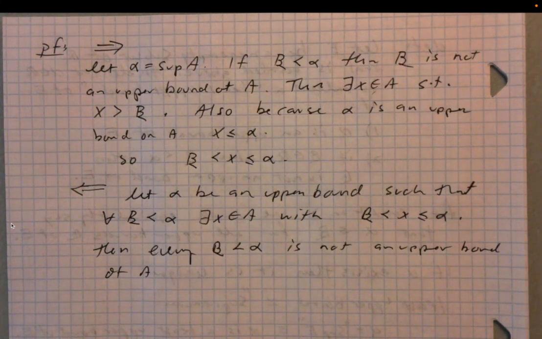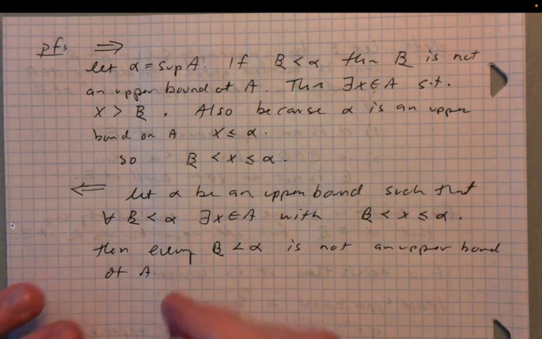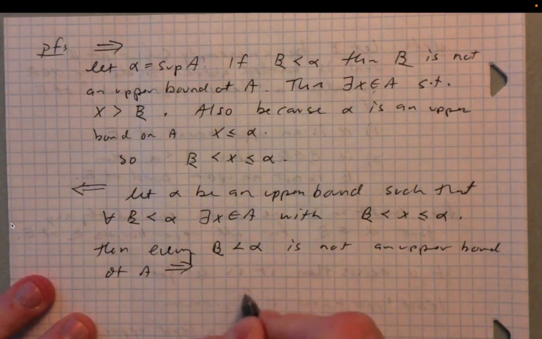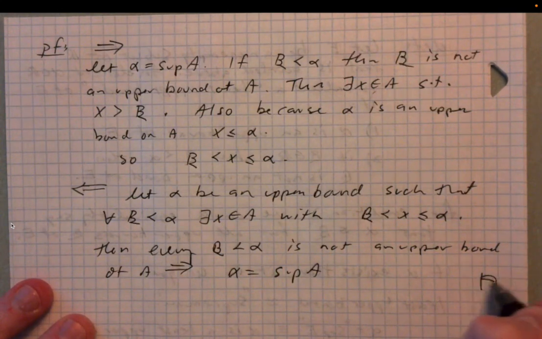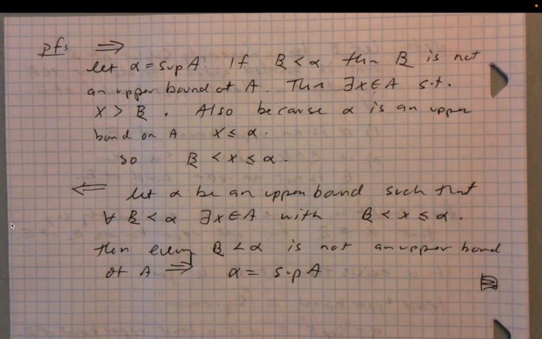And what is that? That's just the definition of a least upper bound, right? Alpha is an upper bound, and if every beta less than it is not an upper bound, then alpha is equal to the least upper bound. So it's actually very simple, it just follows from the definition of a least upper bound.